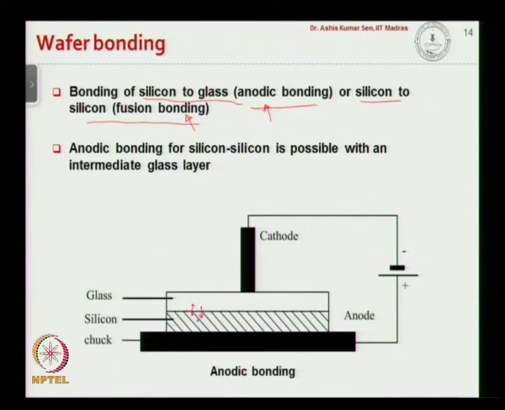So the silicon atoms are going to penetrate into glass and glass atoms are going to penetrate into silicon. So you would achieve a bond between the glass and silicon wafers. We can also use anodic bonding for bonding silicon and silicon, and this is possible if you use an intermediate glass layer.